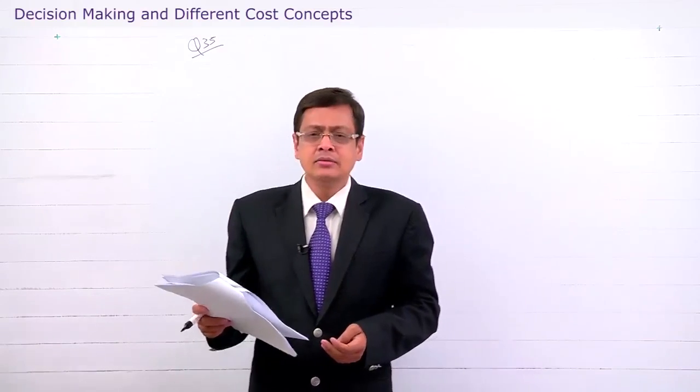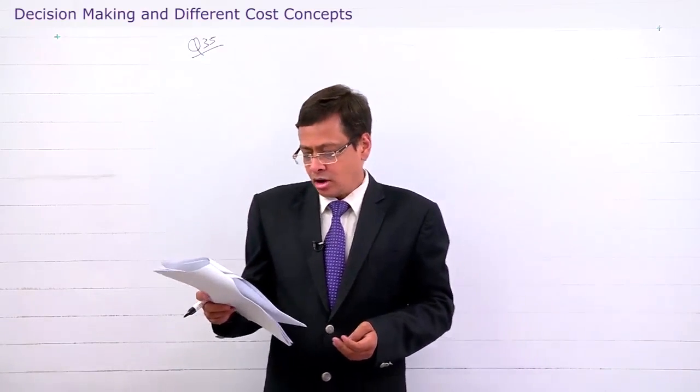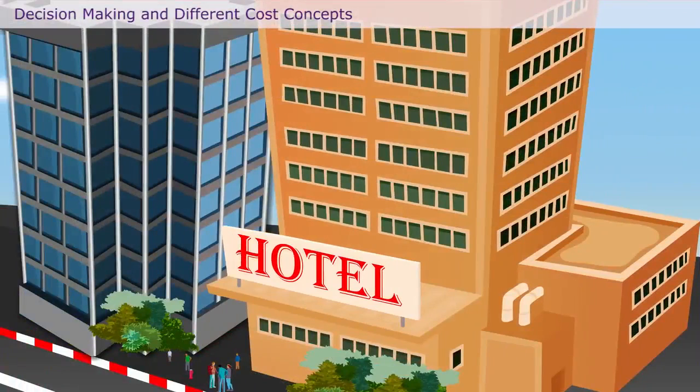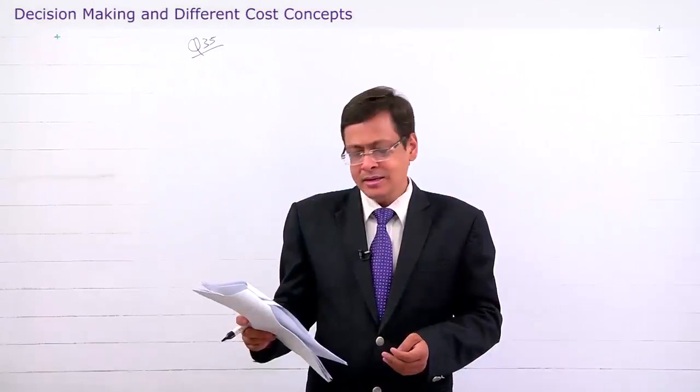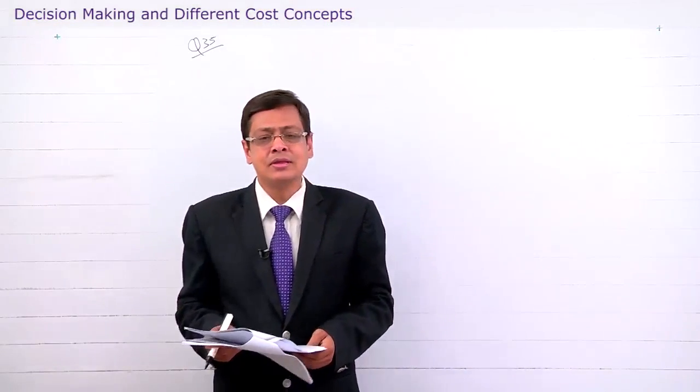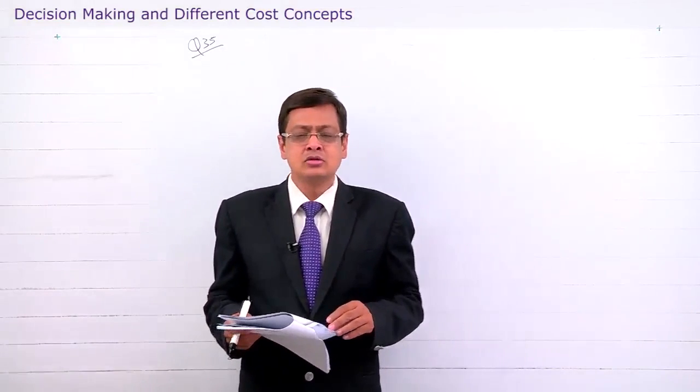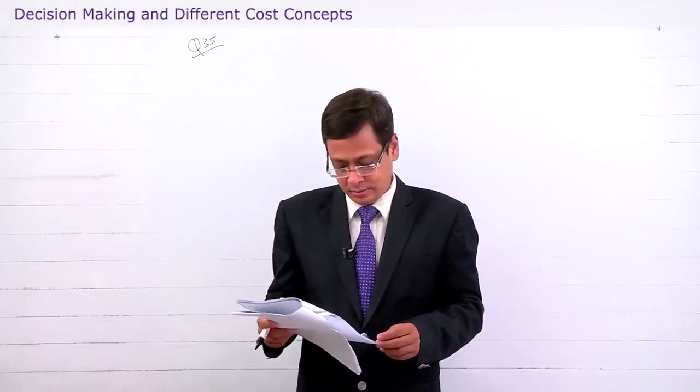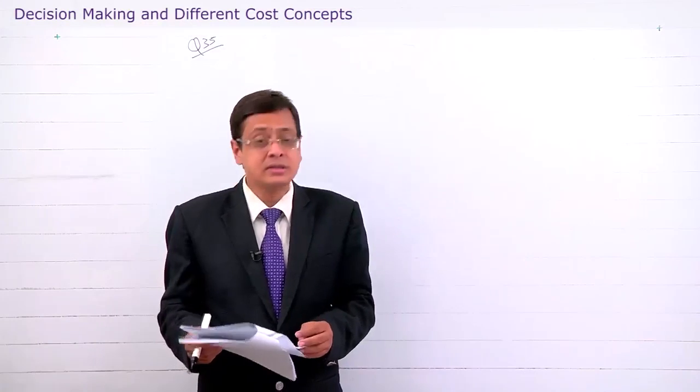So, this question talks of a hotel which has single rooms and double rooms, and these single and double rooms have occupancy provided, and its operational cost is also given there, and you are asked to calculate certain information. So, let us see what the question says.